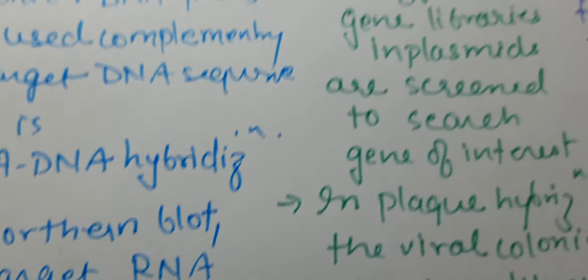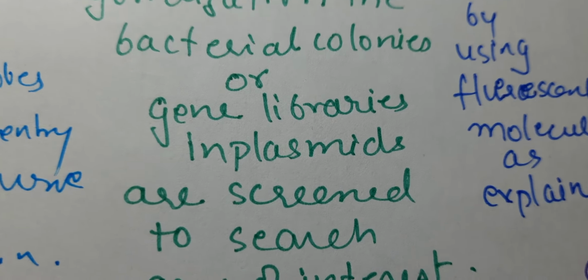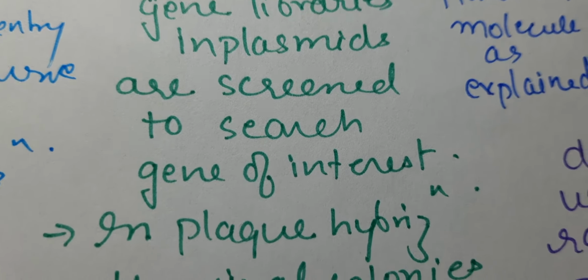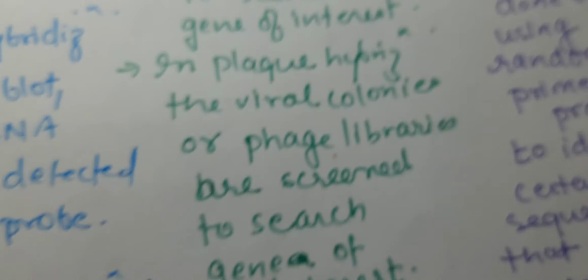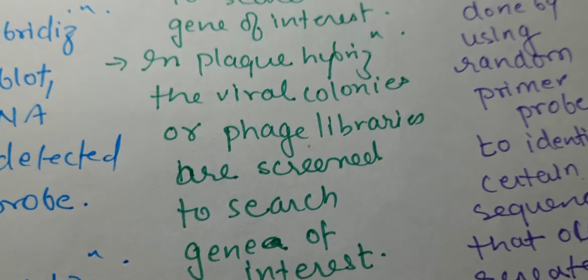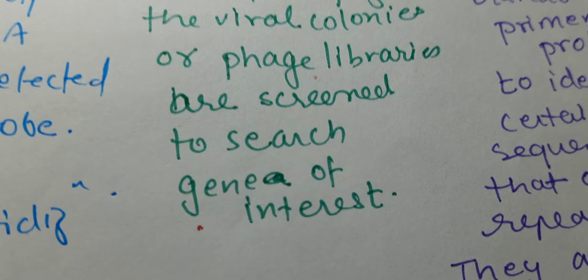Okay, and in colony hybridization, the bacterial colony or gene libraries in plasmids are screened to search for the gene of interest. In plaque hybridization, the viral colony or phage libraries are screened to search for the gene of interest.